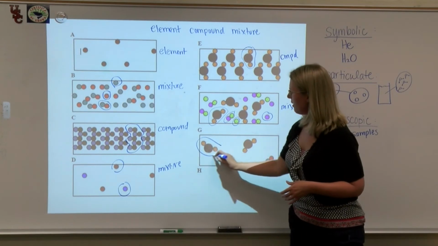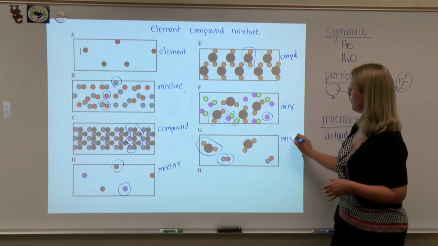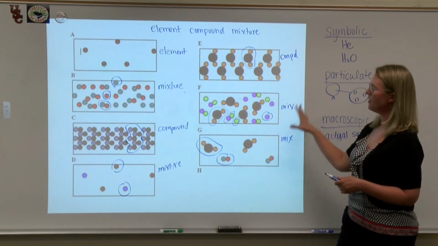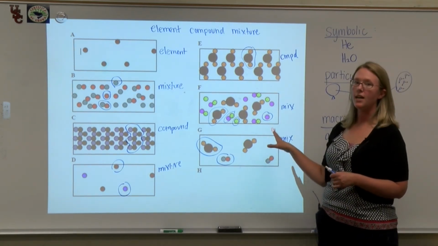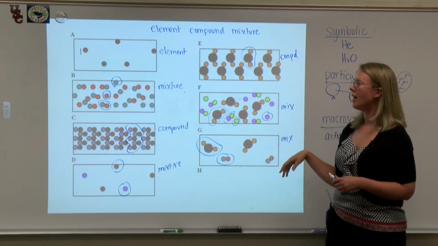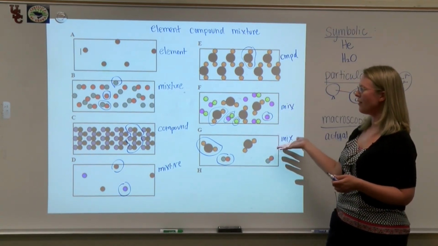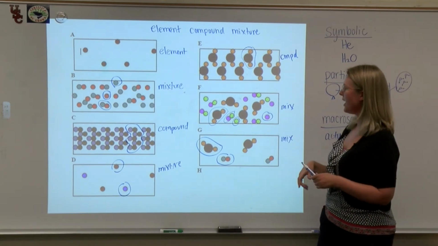This: compound, compound, separate, mixture. Okay, so hopefully, looking through those, you got those. You could give these pictures to your students. This came from a website called targetinquiry.com. If you search particulate models of elements, compounds, and mixtures, you can probably find lots of pictures online.